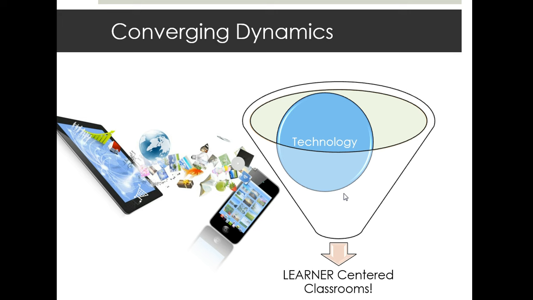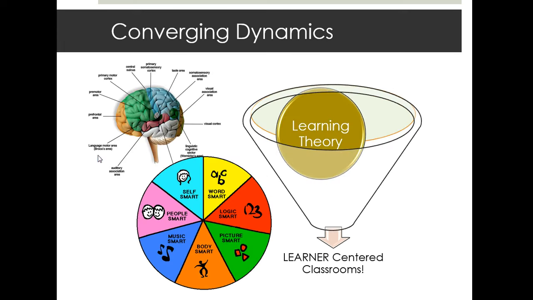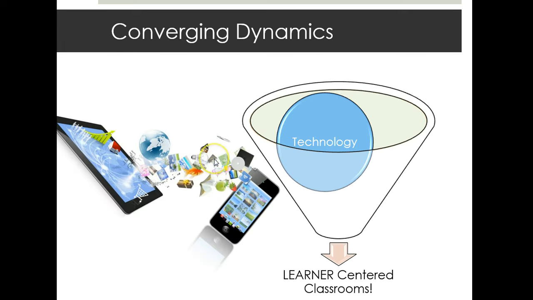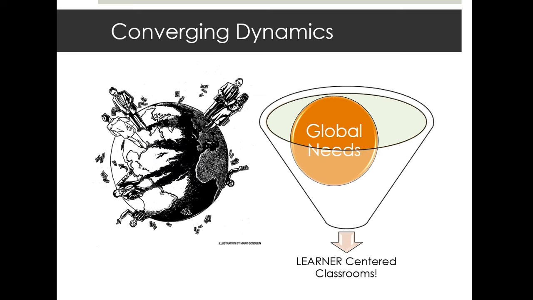And it's proven that if used correctly, technology is part of that learner-centered classroom. That's how they learn. You can also meet all of those different needs that we just saw back here in the brain through technology. So we're adding that into this learner-centered classroom, the technology, the different types of learners.